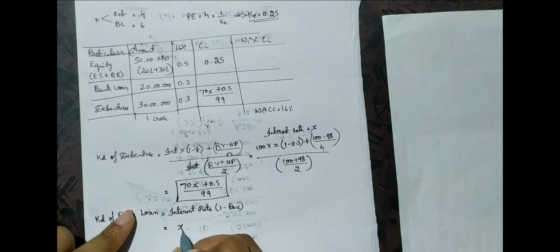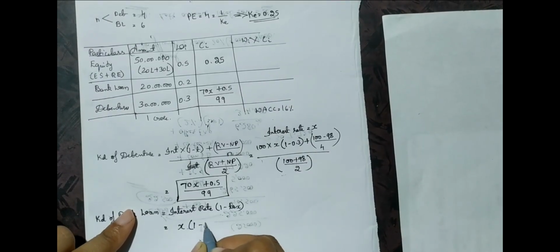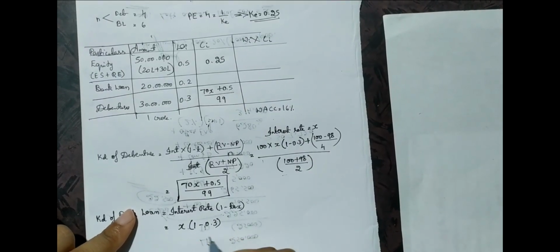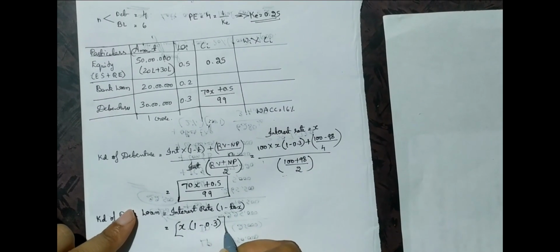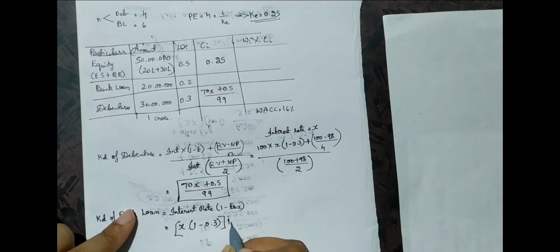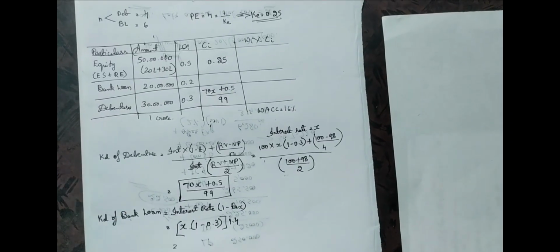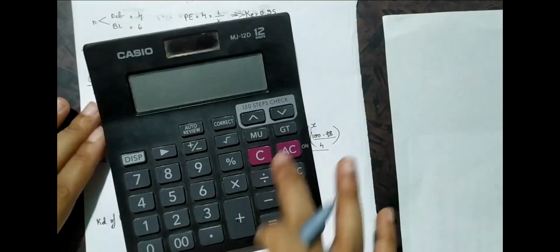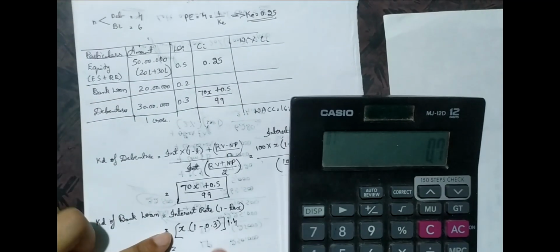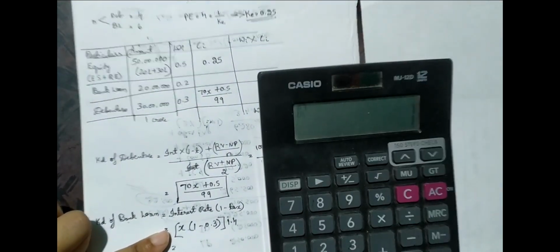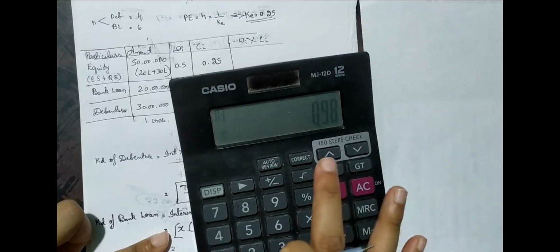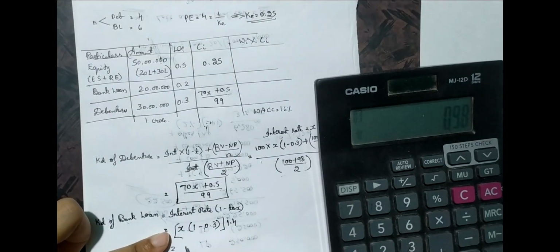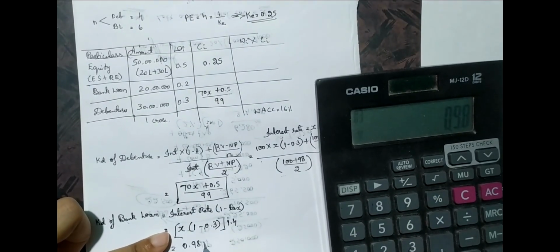So x into 1 minus tax, that is 0.7, but they have mentioned it as 1.4 times, so this comes out to be 0.7x into 1.4, so this is 0.98x.